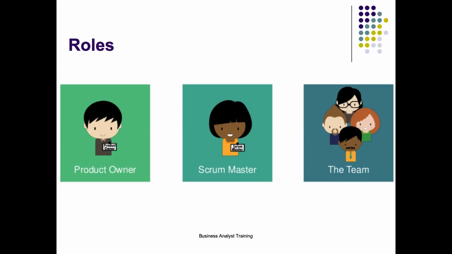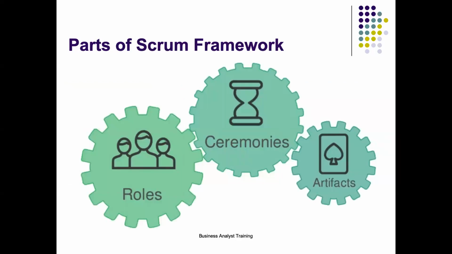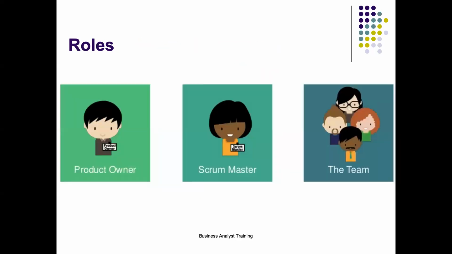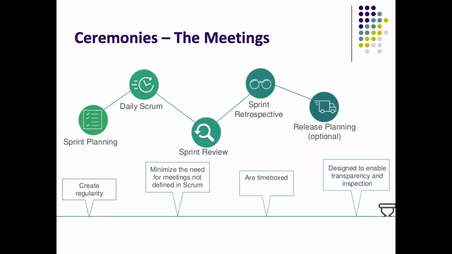The first part to understand is roles, then ceremonies, or meetings. Scrum recognizes multiple ceremonies which are important at different stages, namely sprint planning. It's the meeting when you plan for a sprint.